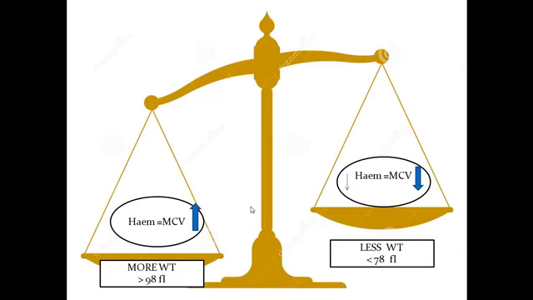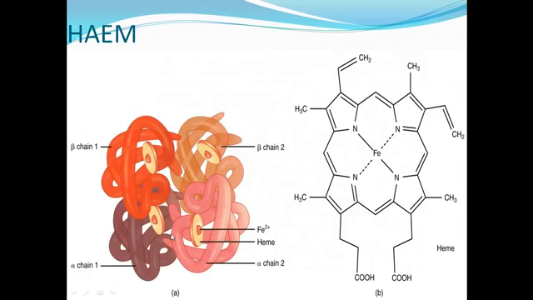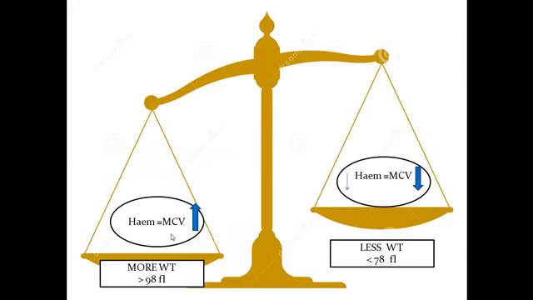So, if we look towards this scale, look at the left hand side, heme is deficient, so MCV is less. Heme less, weight less, so MCV less. In reverse, on the right hand side, look. So what may be the cause of decreased heme? How does heme cause decreased MCV, or how may it cause increased MCV?